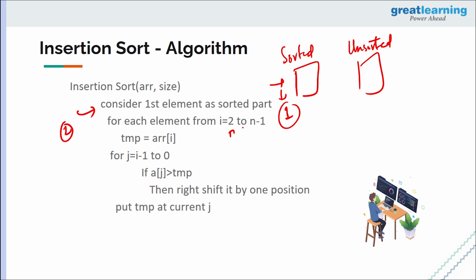Now we understand why we are starting from 2 to n minus 1 or 2 to n, depending upon the array. Either we can start from index 0 or from index 1, but we always start from element number 2. Then we store this value inside some temporary variable, and check if that element is less than the element in the sorted part.